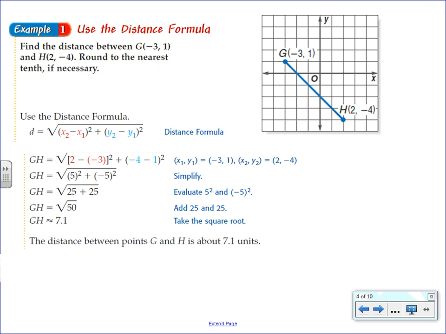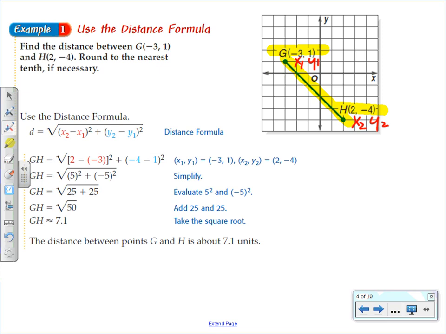We are going to find the distance of GH. All right? We have 2 points. We have point G and we have point H. So first thing I'm going to do is label my points. G, here we go, x sub 1, y sub 1, x sub 2, y sub 2.